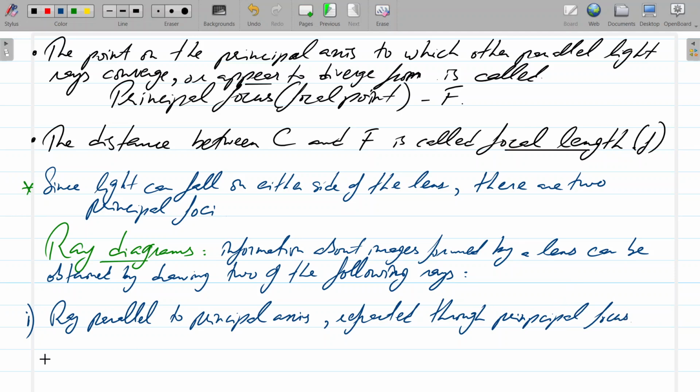The next is a ray through the optical center, which is undeviated. So it does not refract, it does not bend, it's just a straight line going through.